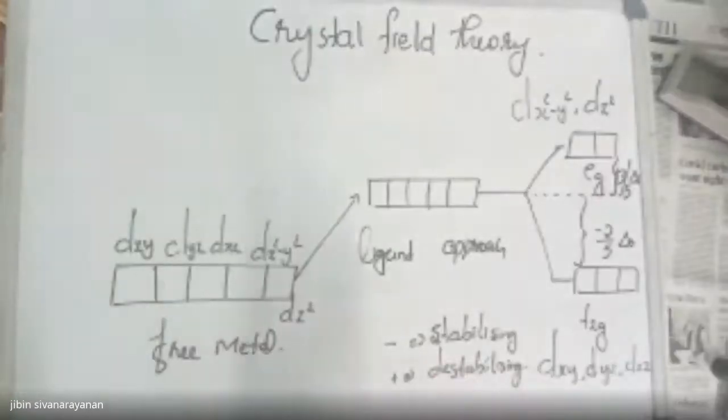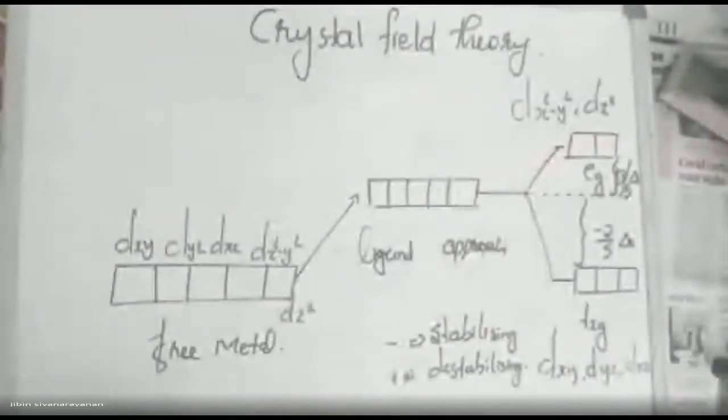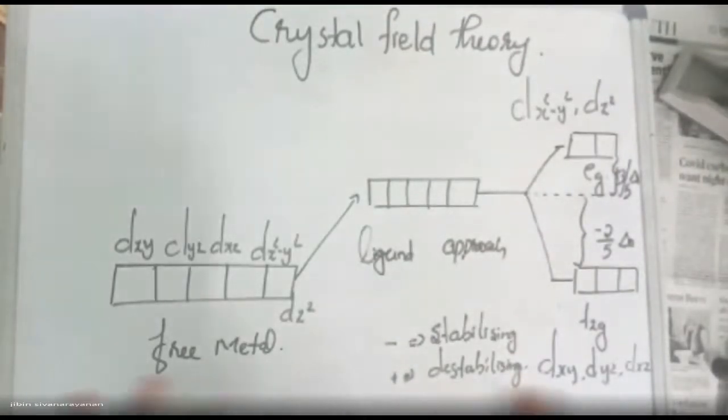Why those three orbitals are coming down and why those two orbitals are going up, I will explain after this. In the d orbitals we have five orbitals collectively.